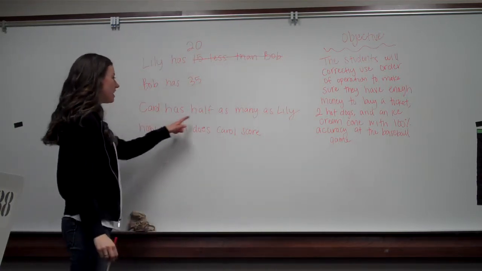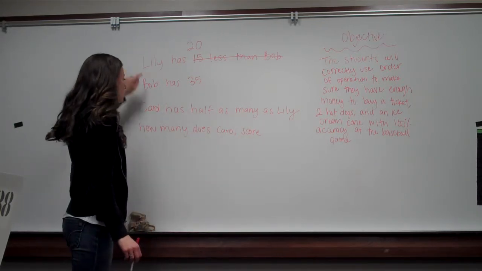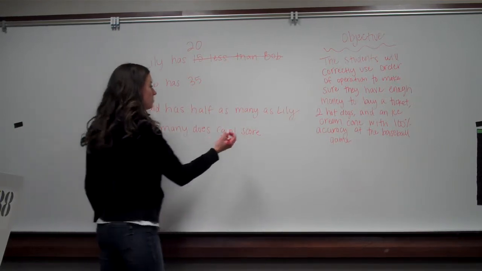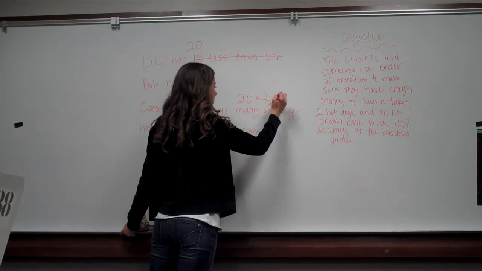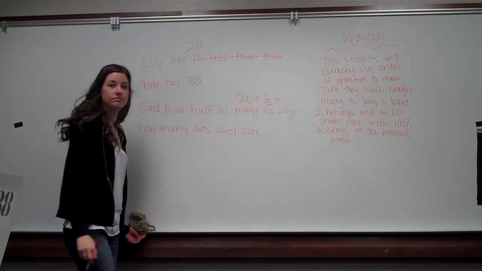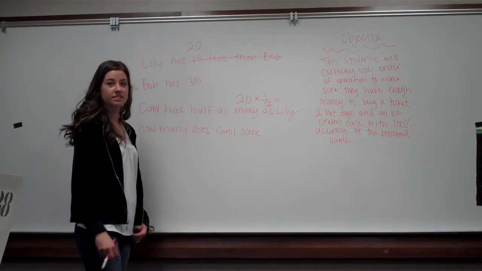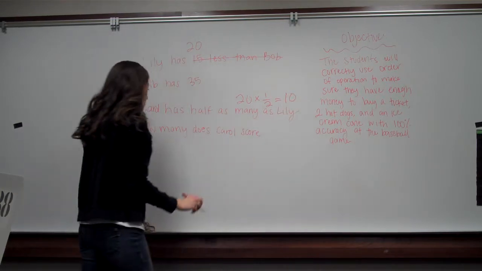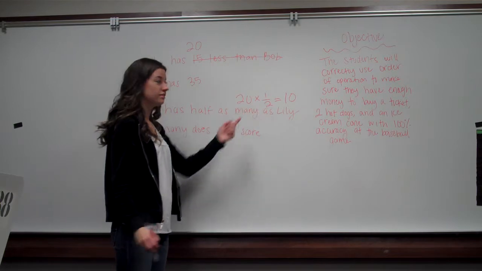If Lily has 20 and Carol has half as many, what's 20 times 1/2? Well, don't you just divide 20 by 2? That's the same thing, yes. 10. So how many points does Carol have? 10? Yeah.